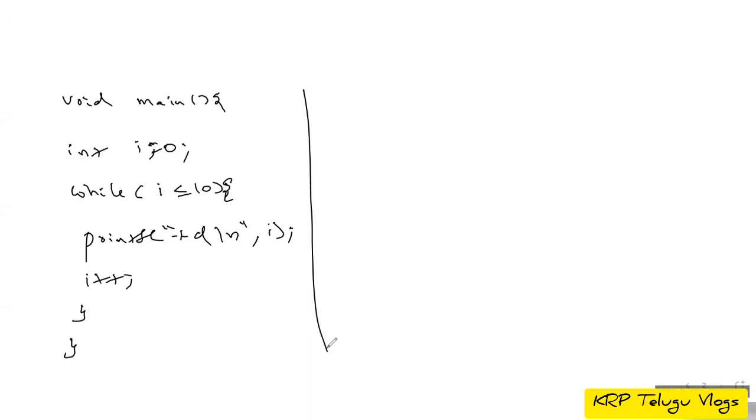So in for loop, how will you write? Void main, int i. For i is equal to 0, i less than or equal to 10, i plus plus.